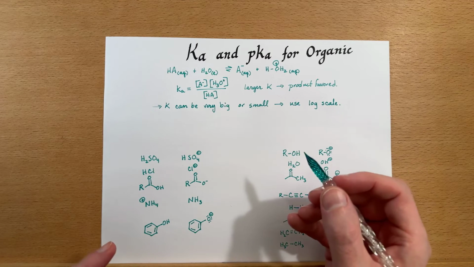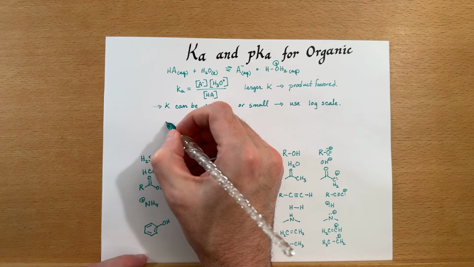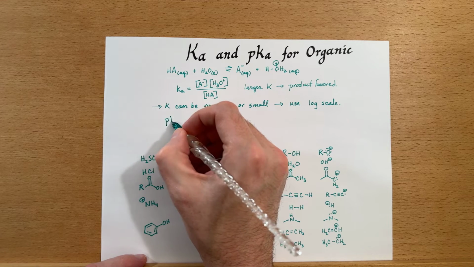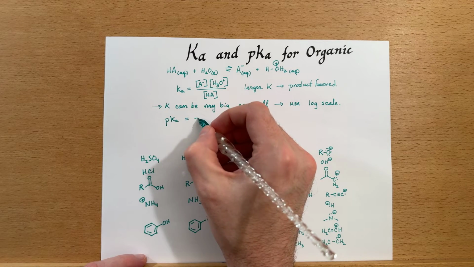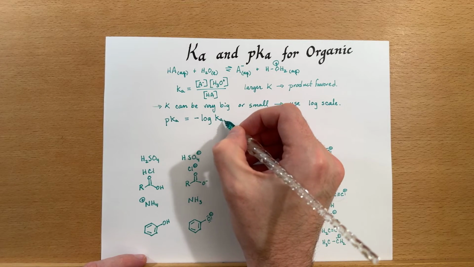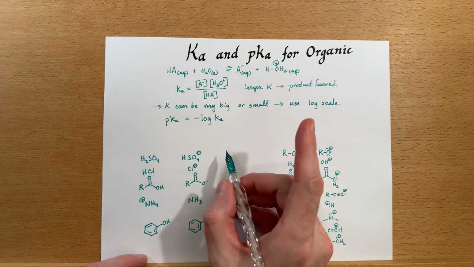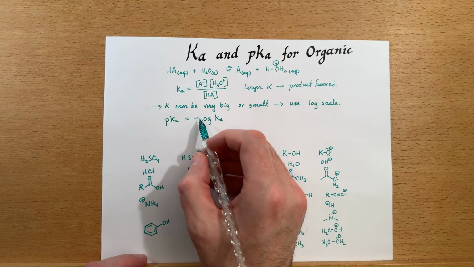And the formula that we came up with for this is using the pKa. And the pKa is just the negative logarithm of Ka. So since there's a negative here, it changes the sign.